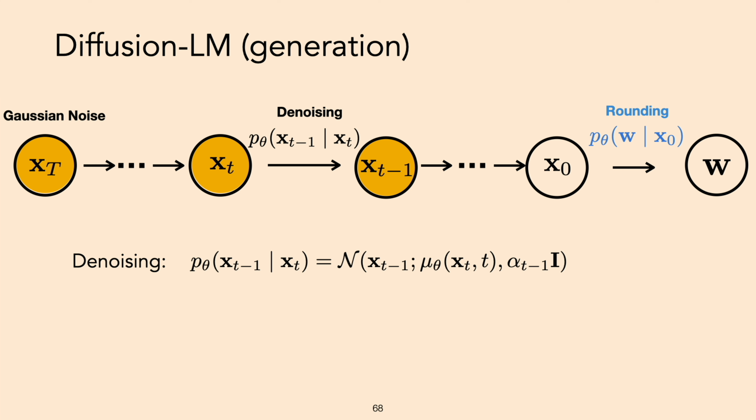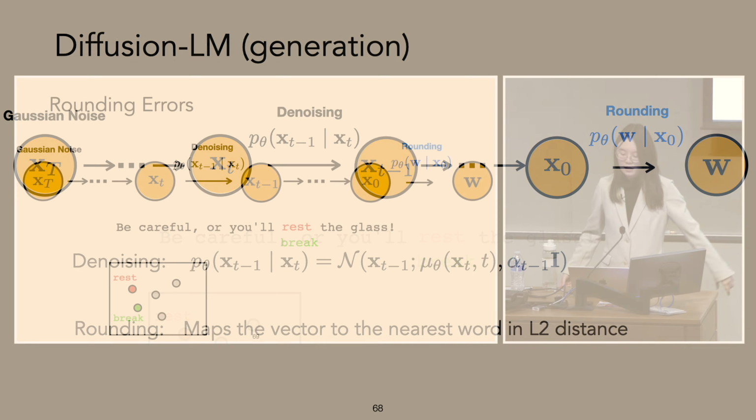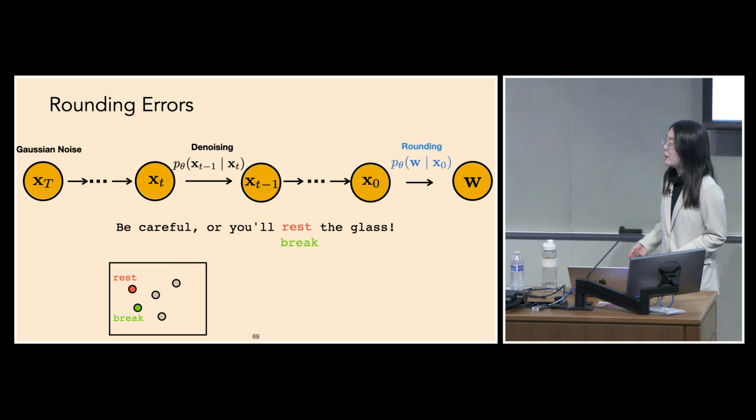We parameterize it with a Gaussian distribution centered around the prediction mu theta with a proper level of Gaussian noise determined by the hyperparameter alpha. And we iteratively run denoising until we reach x naught. Then we round this continuous vector back to discrete words by mapping the vector to their nearest word embedding in L2 distance. So once we finish that, now we have a sequence of words. We can now generate text from Diffusion-LM.